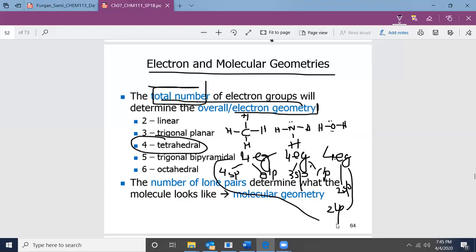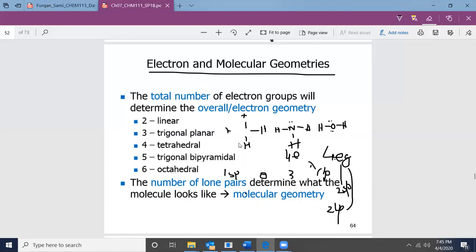What I'm trying to categorize here is with the lone pairs. When I start looking at the lone pairs, then I'm talking about the molecular geometry. Number of lone pairs determine what the molecule is going to look like. Okay, it's simple.